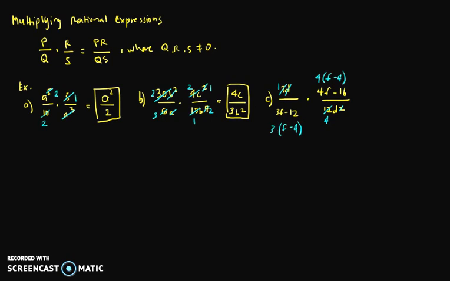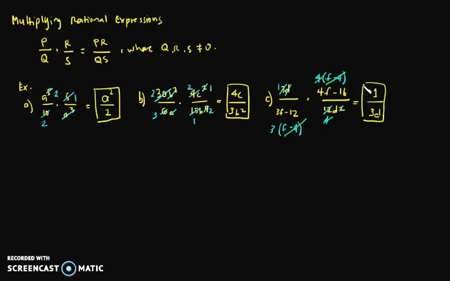Then I still have common terms, f minus 4, which cancel, and also 4 will be cancelled. So we have the remaining terms multiplied: 1 here and again 1, all over 3 and d. So the answer is 1 over 3d.